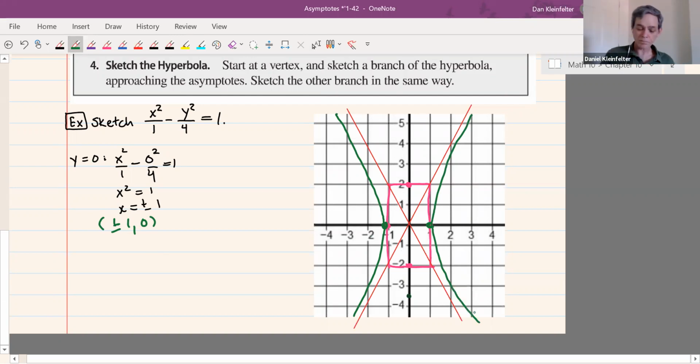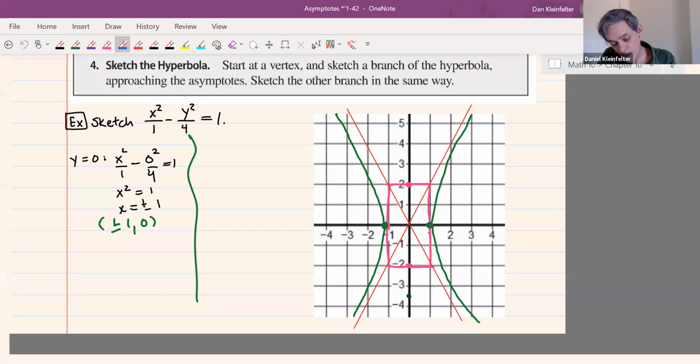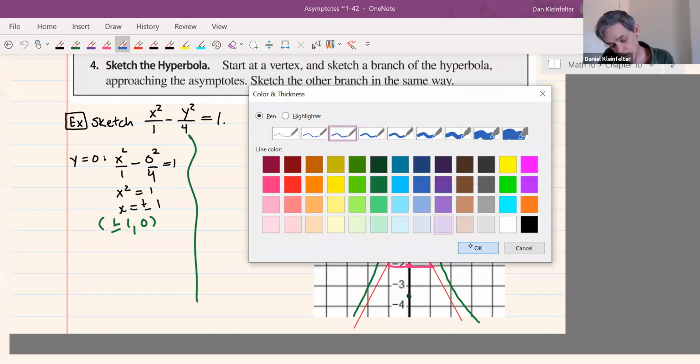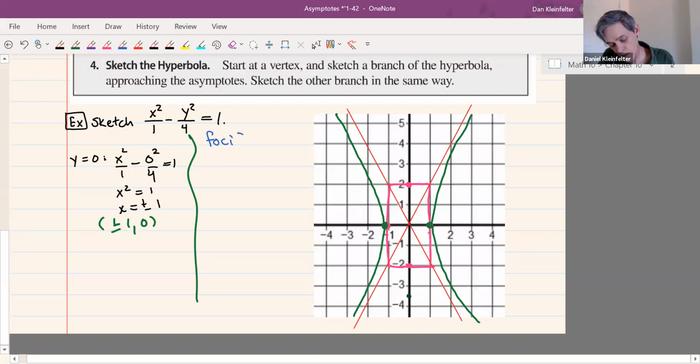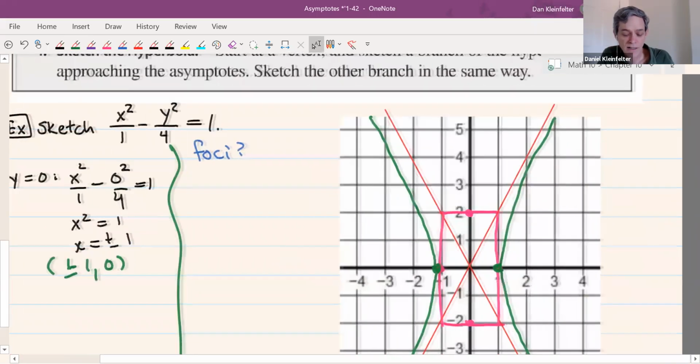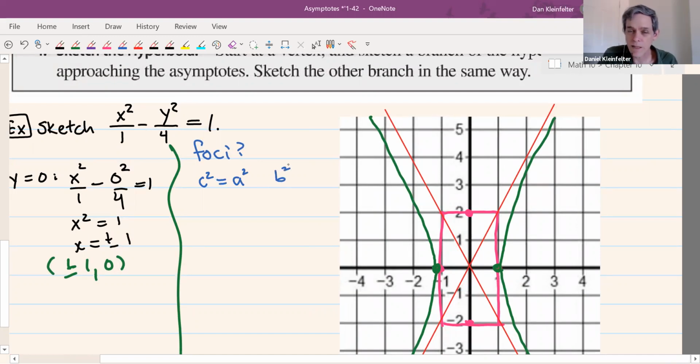Okay, so there's that. We weren't asked to find the foci, but it'll be fun. Let's just go ahead and do that. So for the foci, that's c squared. And then you have to think, is it a squared minus b squared or a squared plus b squared?